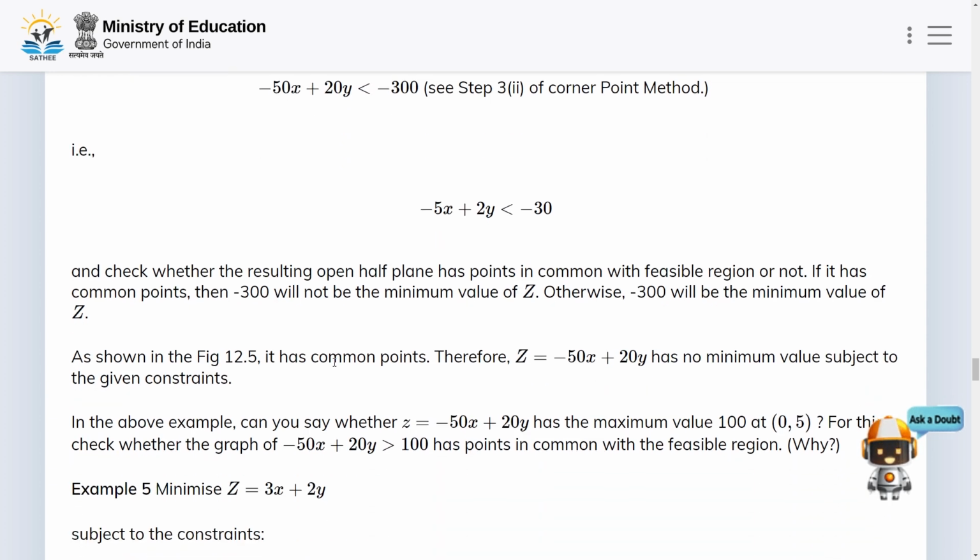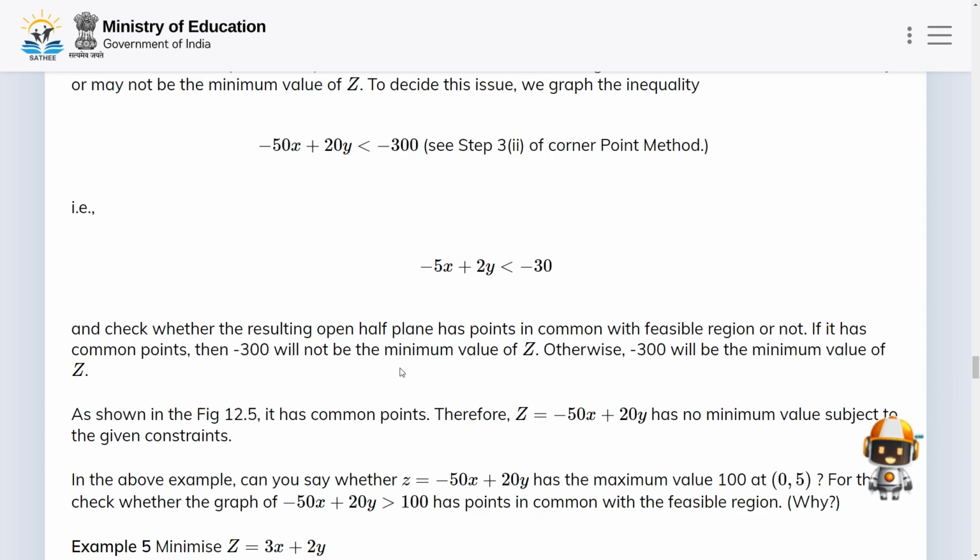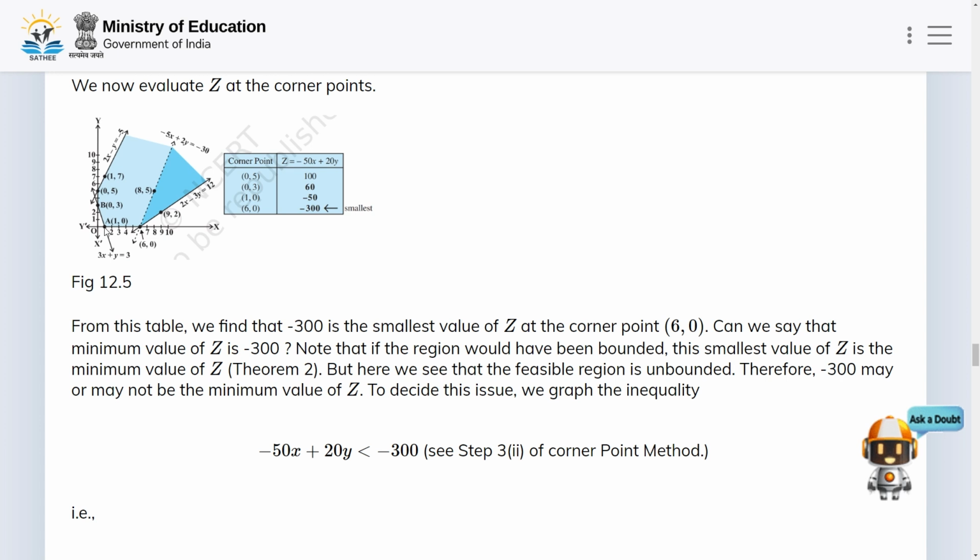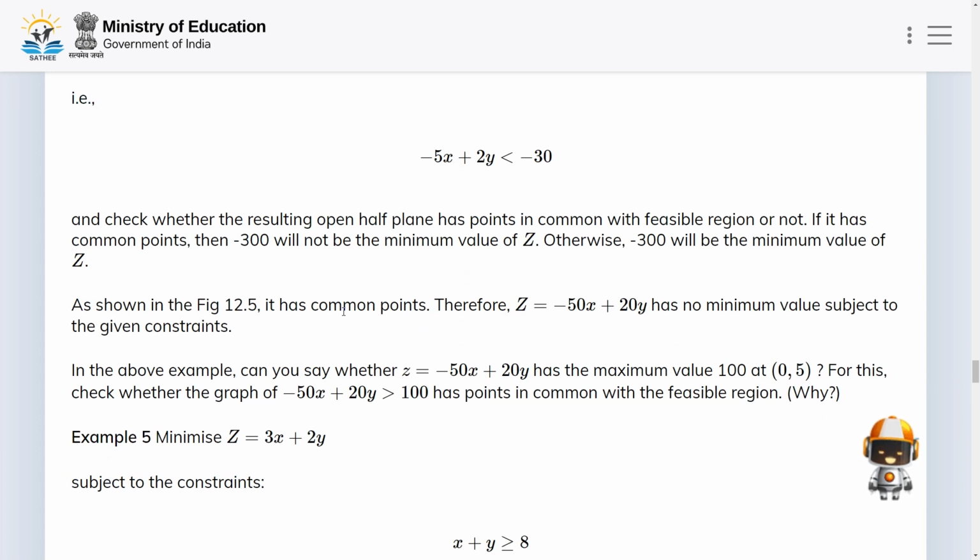As shown, it has common points, which shows that z equals minus 50x plus 20y has no minimum value subject to the given constraints. Clear? Z equals minus 50x plus 20y has the maximum value 100 at (0, 5).